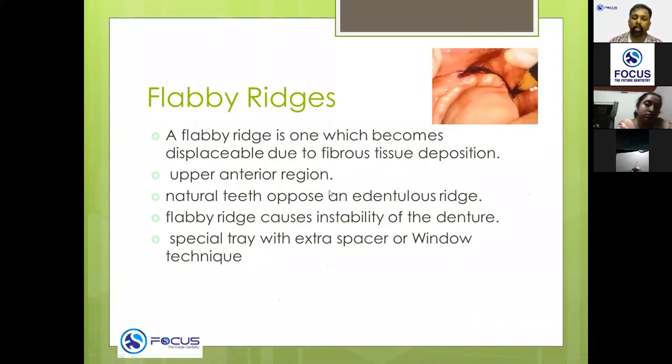Or another option, if the flabby portion is very little and the patient does not want a surgical option, is to use a special tray with an extra spacer so that you don't compress the flabby region. Or you can go for a window technique, in which a window is cut from the special tray, and that flabby region alone is recorded with a mucostatic impression material.